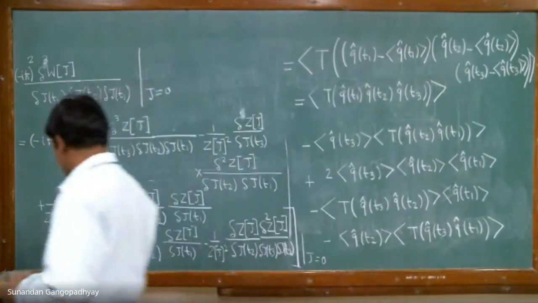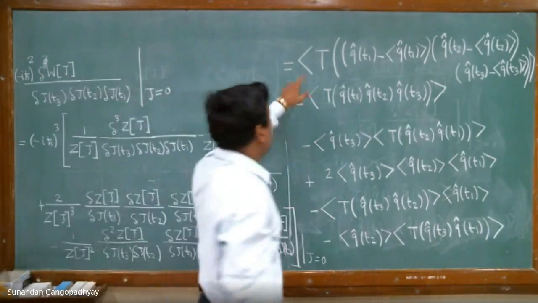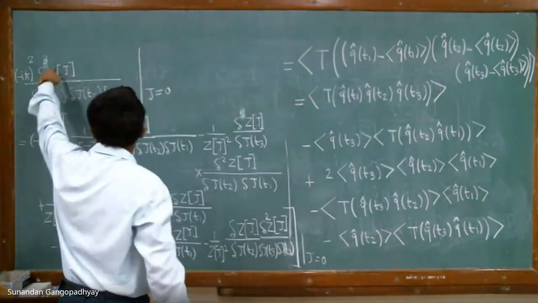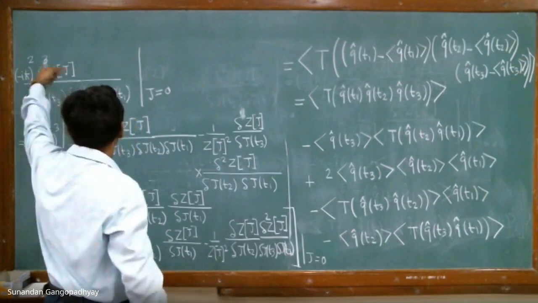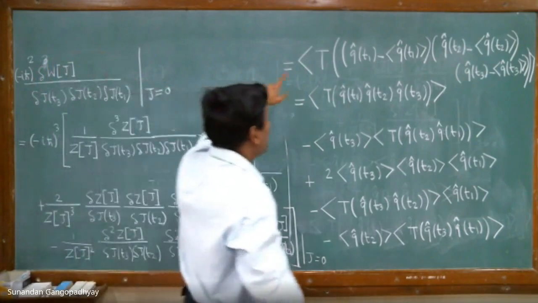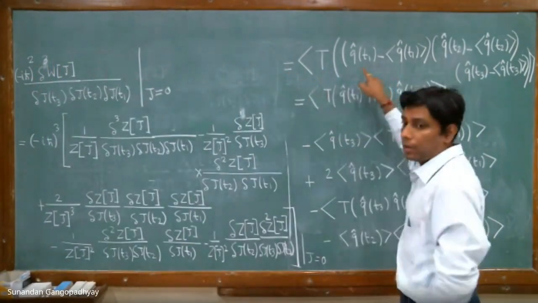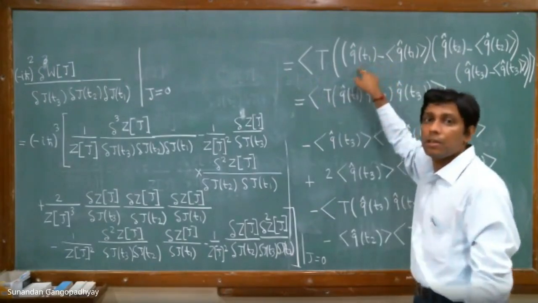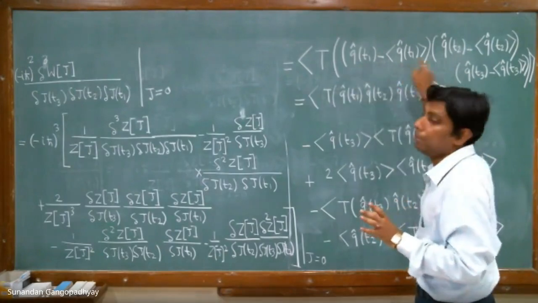So you can see that just as in the 2-point function case, here also the 3-point function, computed from this new functional wj, is basically the expectation value of the time ordered product of the deviations of the individual operators from their means.